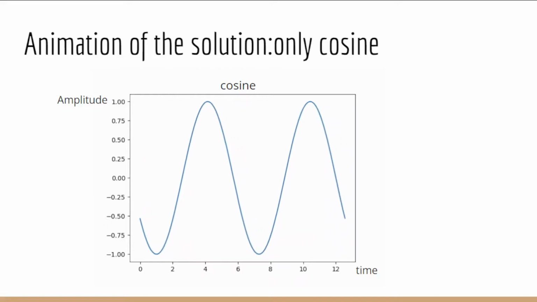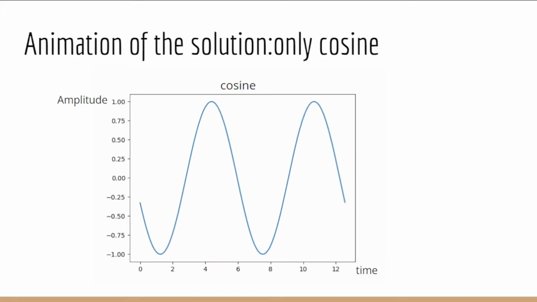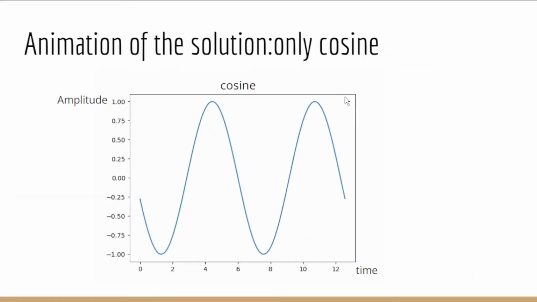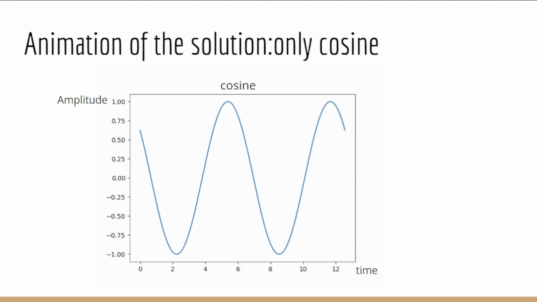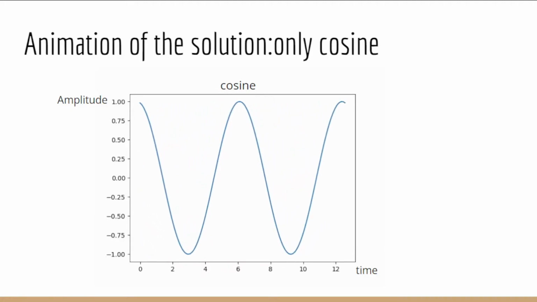We are going to take a look at the animation of the solution of the pendulum model. Albert created the animation of the solution, and we only made the cosine function, which is approximately like a sine wave.